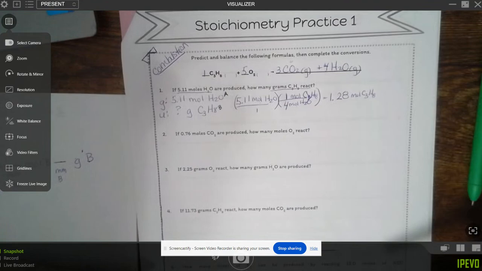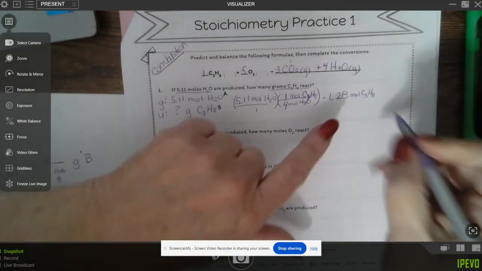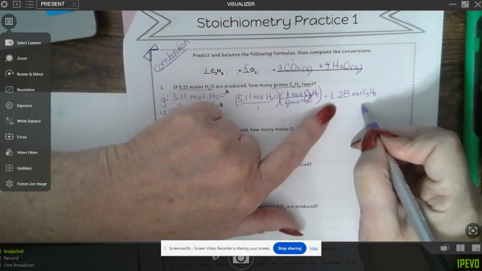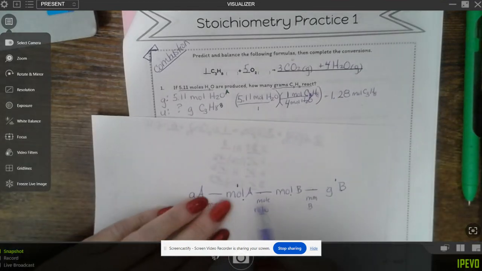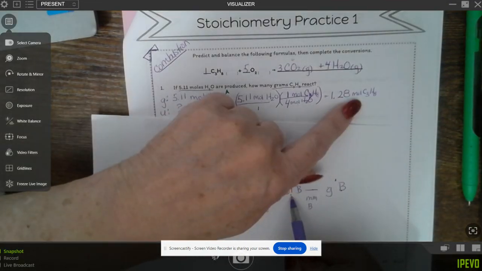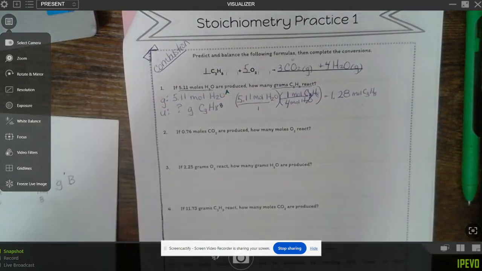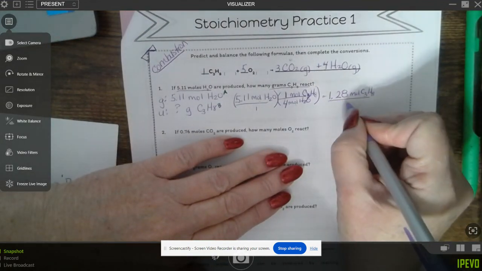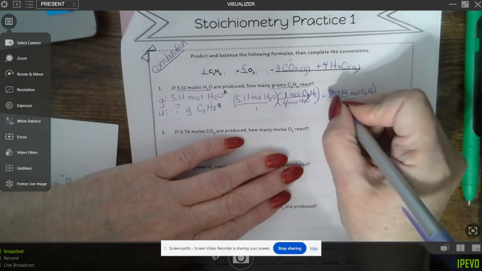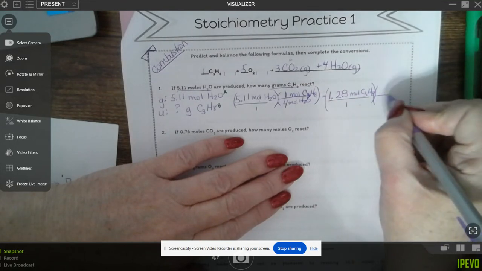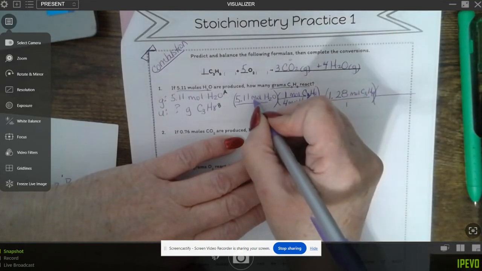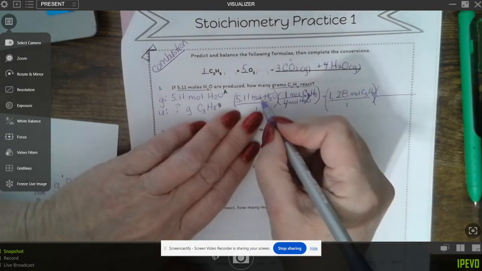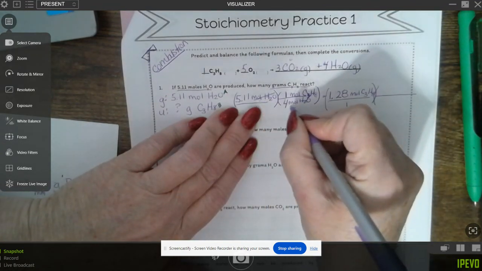Okay, now the next step is to go from moles of B to grams of B. All right, so this is what I start with. So moles of B, and then to get to grams of B, again, remember, units are going to cancel, so moles of water cancel out.